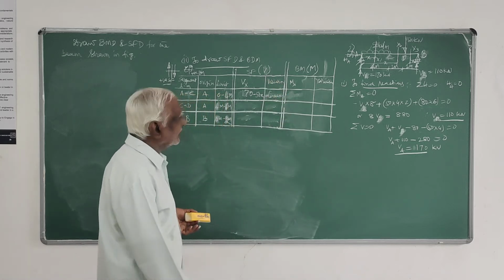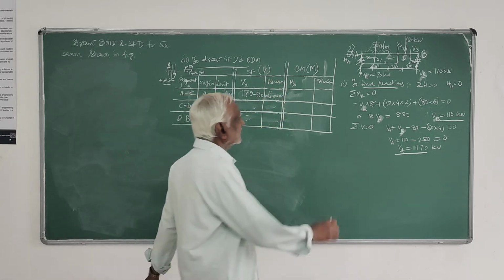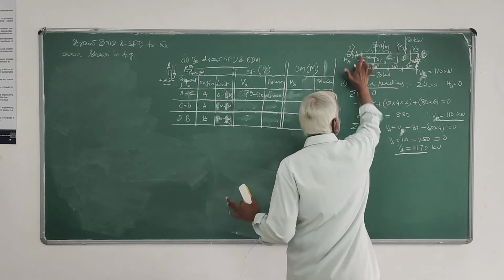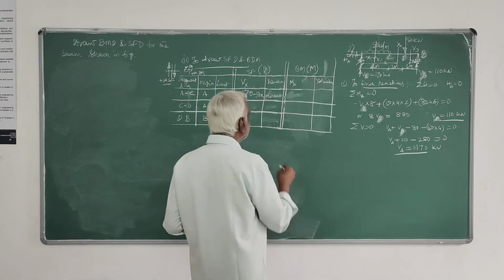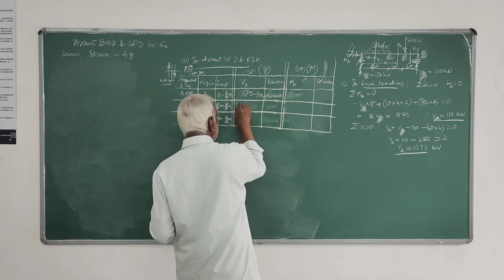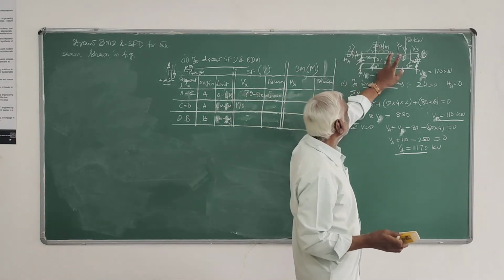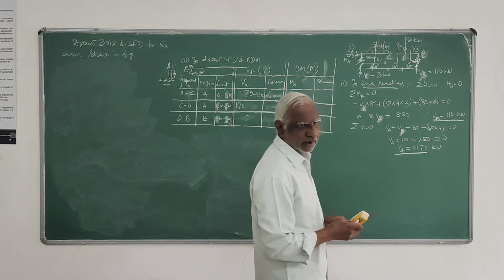Next, you take CD, this portion next to here. This 170 is acting up, that remains the same, 170 plus. Minus, then this is down 50 into 4, 200.